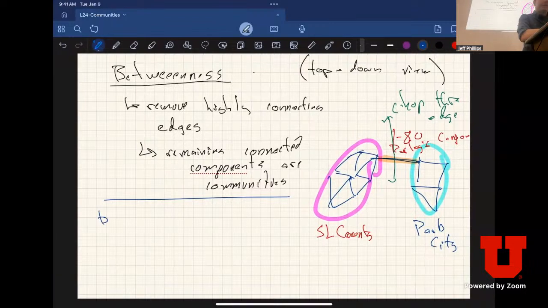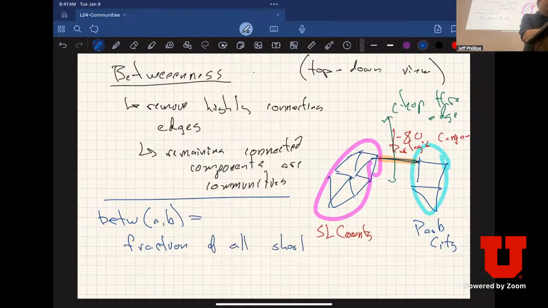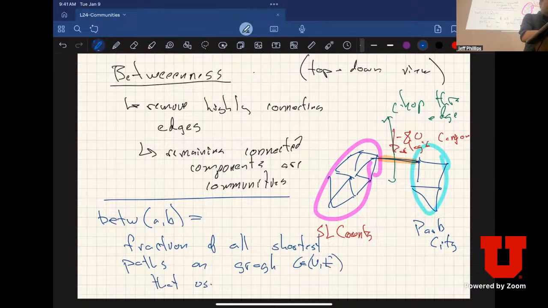So the betweenness of A and B is going to be the fraction of all shortest paths on the graph G that use edge AB.